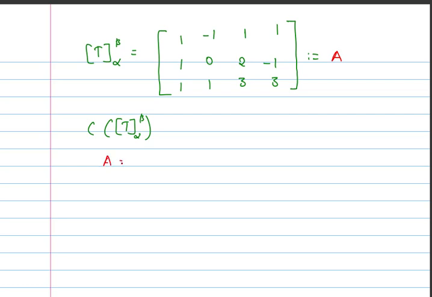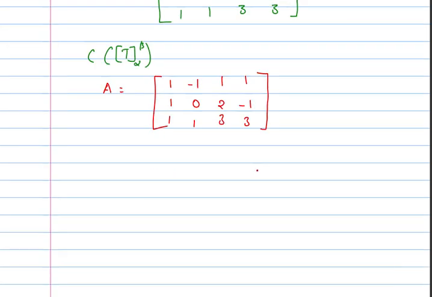So A equals 1, 1, 1, -1, 0, 1, 1, 2, 3, 1, -1, 3. I am going to use row reduced echelon form using the Gauss-Jordan method. The first step is to choose the first pivot position, which is this 1. So my first row stays as it is.